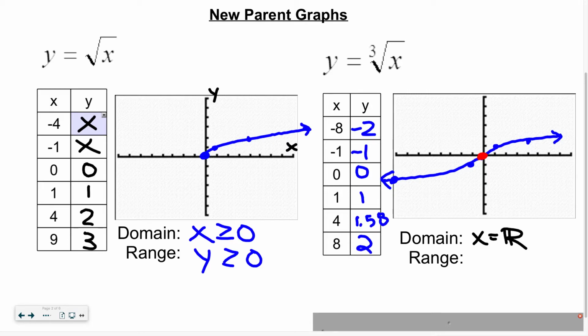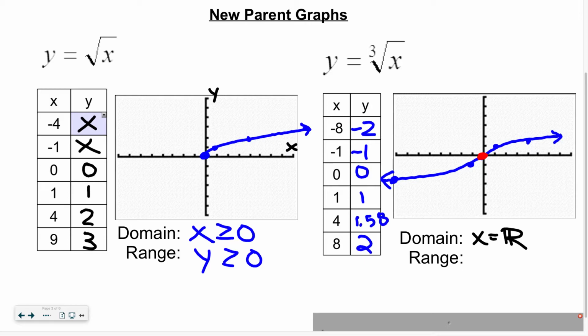And what about the range? What kind of Y's are you going to get? This side is always going lower, right? It takes a while. It's kind of flat-ish, but it's always going down a little bit. And this side is always going up just a little bit. So are there any Y's that we won't hit? No, eventually we'll get to them all.